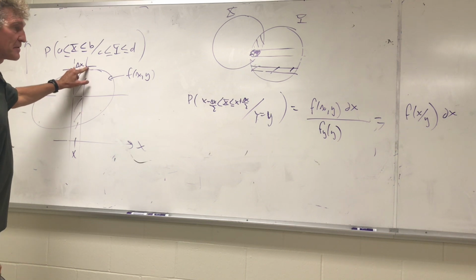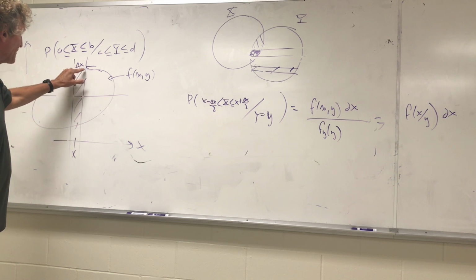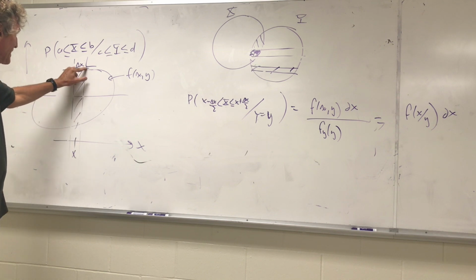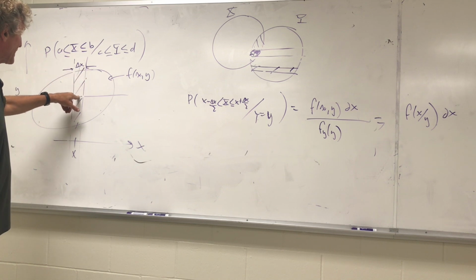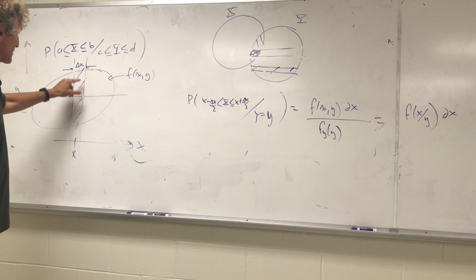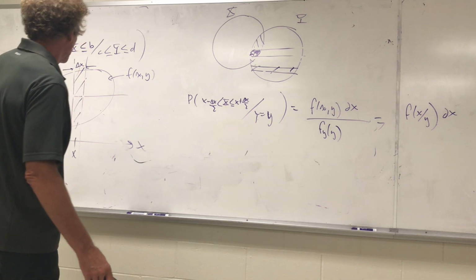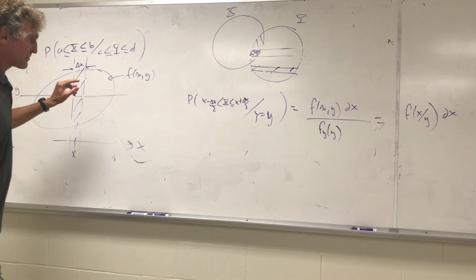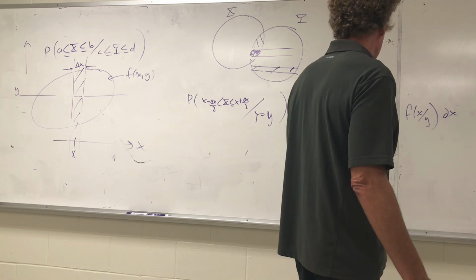This is a differential, dx, but we want to know what is the probability of delta x occurring, of this event happening when it has a width of dx with a value of y here, given y occurred. So I have to take f of xy dx, that's this whole thing, and then I have to divide it by this differential area there. But that would be equal to f of xy dx.